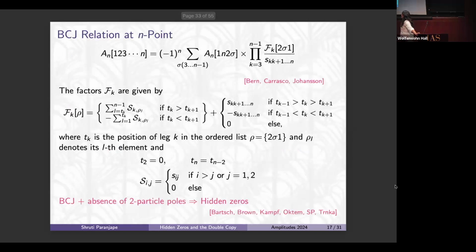Okay. So just quickly at n-point, one can use this representation to show that one of the terms in this product has to vanish. And so you can show definitively at n-point that this statement is true, that BCJ relation plus absence of 2 particle poles gives you hidden zeros. Okay.